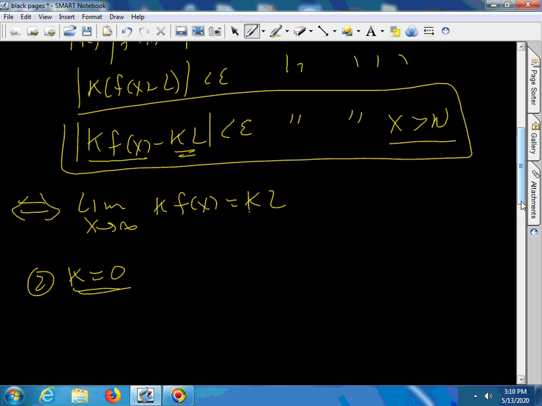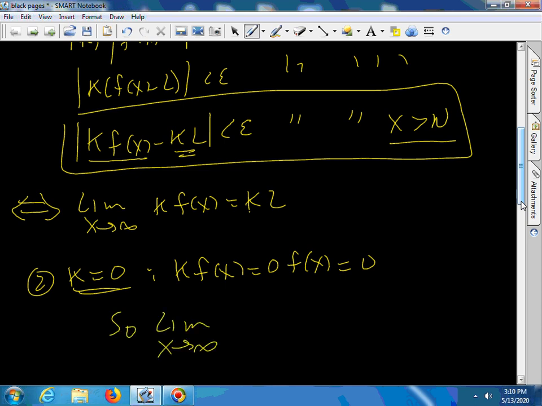Well, k times f of x is equal to 0 times f of x, which is 0. So, as x keeps on changing to infinity, k times f of x doesn't budge. It's 0.